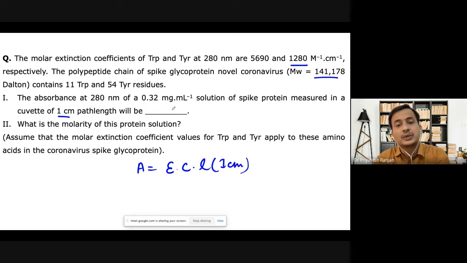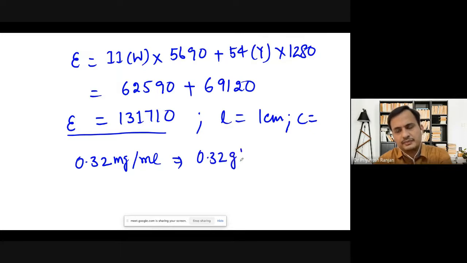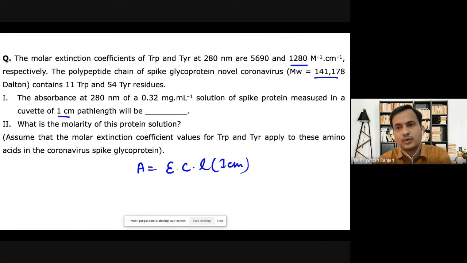So given is 0.32 mg per ml, which we can also rewrite as 0.32 gram per liter. That means the same thing. It's just a conversion.